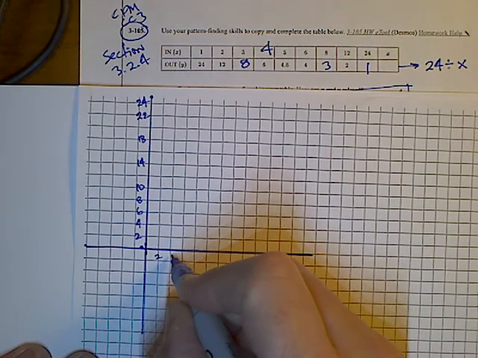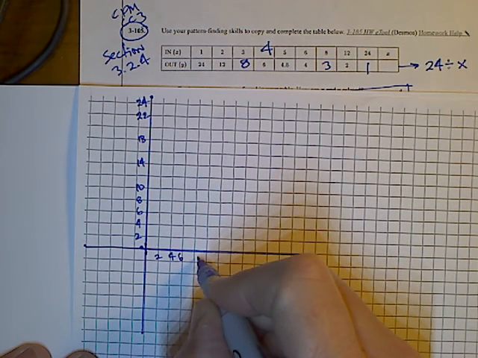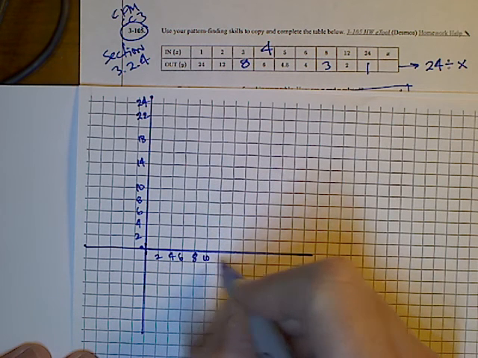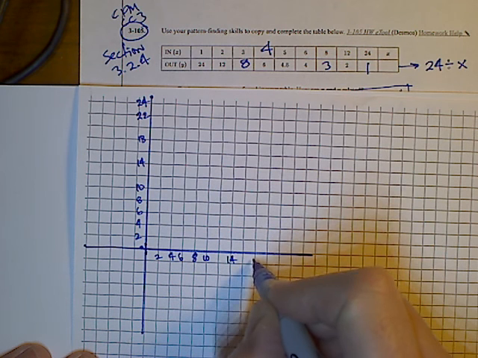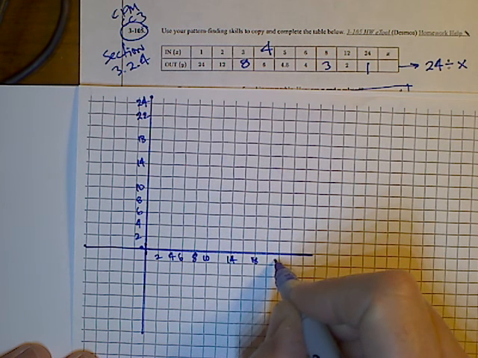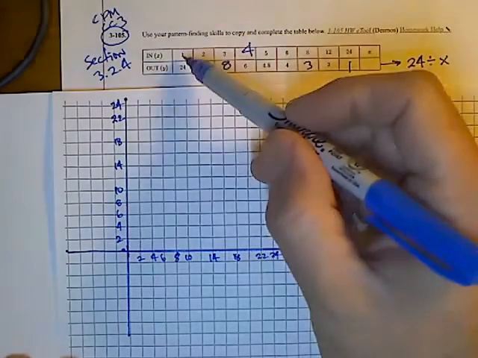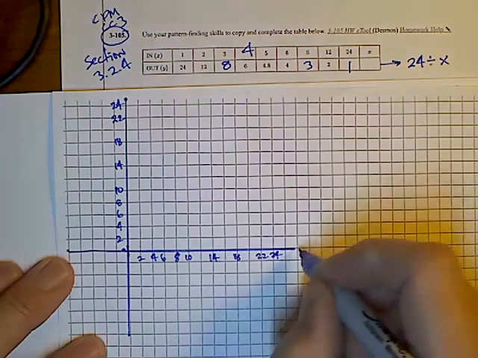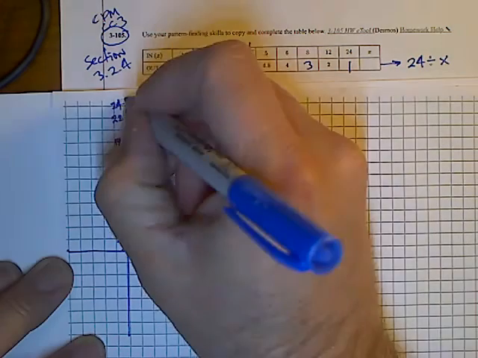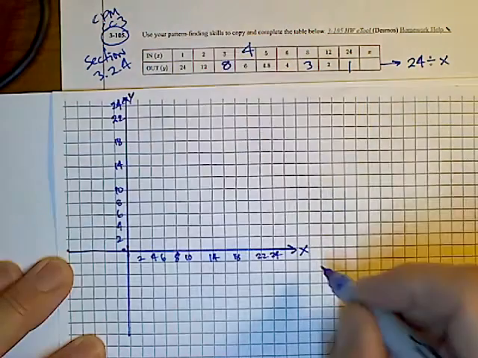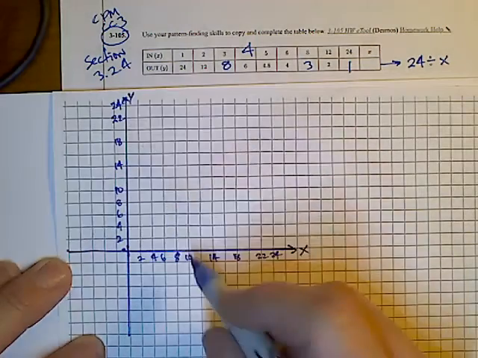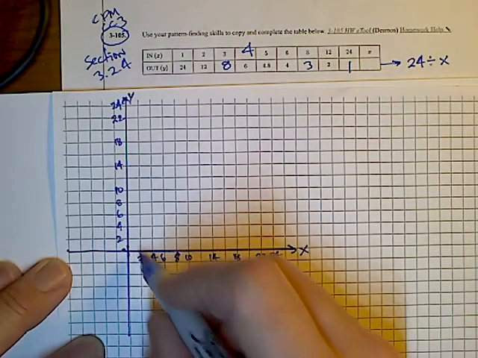If I'm going to go 12, 1, 2, 3, 4, 5, 6, 7, I'm going to go one more, and since I'm only going positive, I'm going to put my origin right here, because I'm only using really quadrant 1. So there'll be my origin.